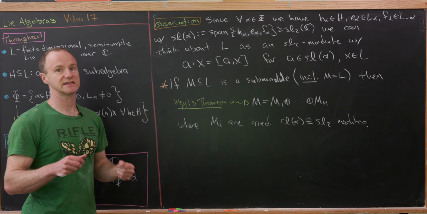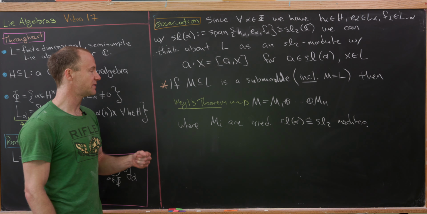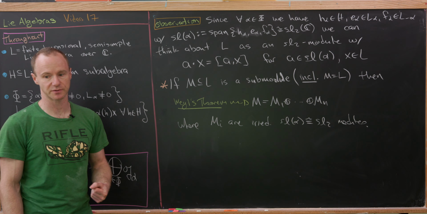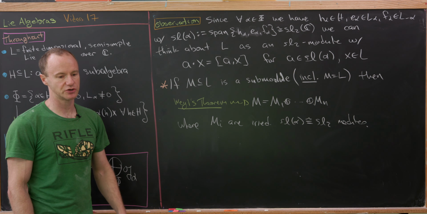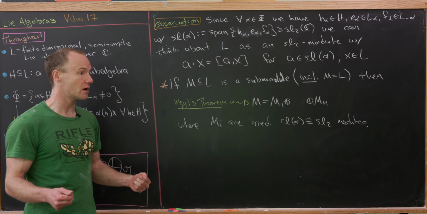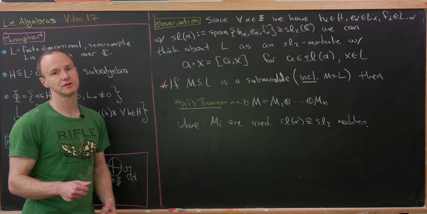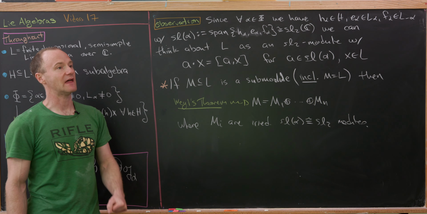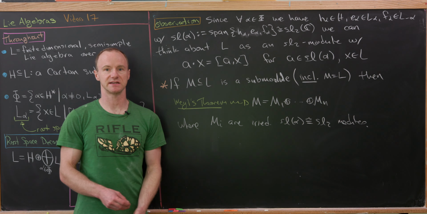So the takeaway here is that we should be able to take any semi-simple Lie algebra, find a copy of SL2 inside of it, and then use that copy of SL2 to decompose L into irreducible SL2 modules. And that's exactly what we're going to do with the next example.